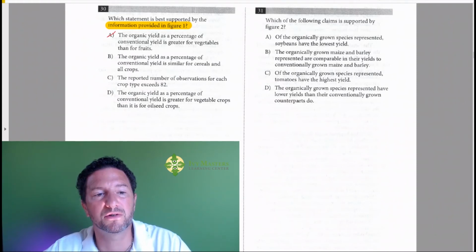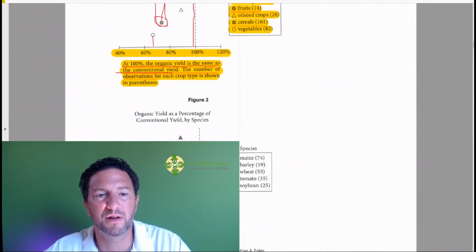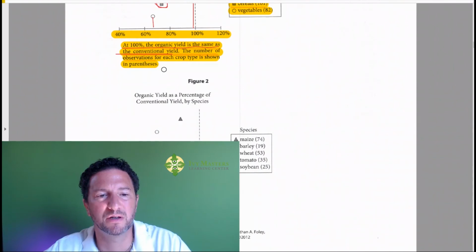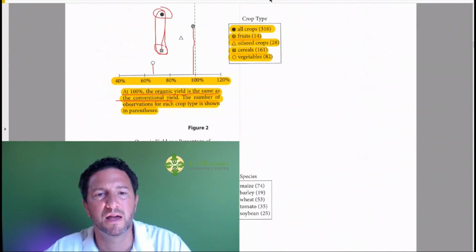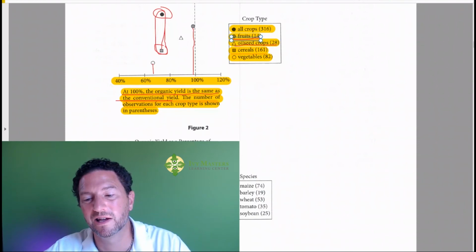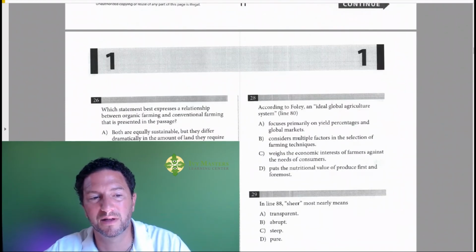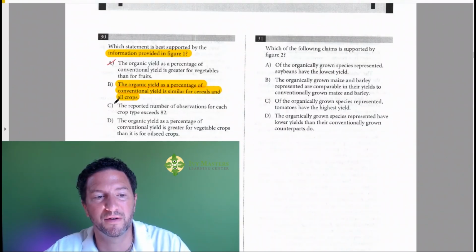We'll go through the others and see why those are wrong. Answer choice C reads, the reported number of observations for each crop type exceeds 82. So remember that other part of this caption, which says the number of observations for each crop type is shown in parentheses. And we can see for fruits, there's only 14. For oilseed crops, there's only 28. Exceeds means more than, so that's not going to be your correct answer either.